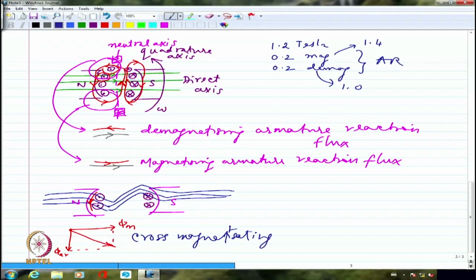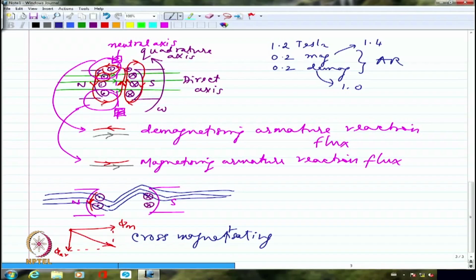The magnetizing effect is not as pronounced as the demagnetizing effect because of the saturation coming into picture. So the net effect is an overall reduction in the flux. If there is an overall reduction in the flux, clearly there will be a drop in the voltage. Whether I like it or not, there will be a drop in the voltage.